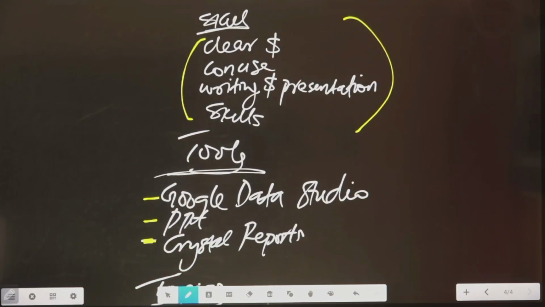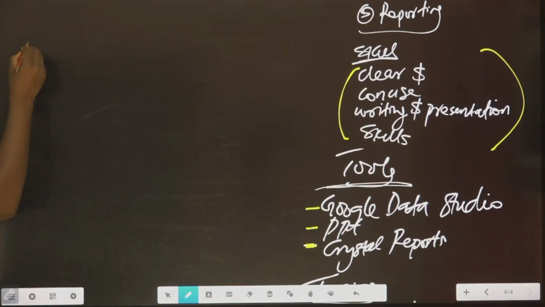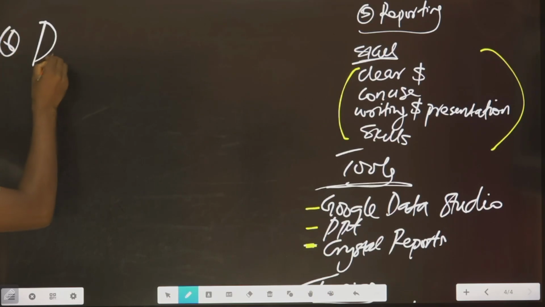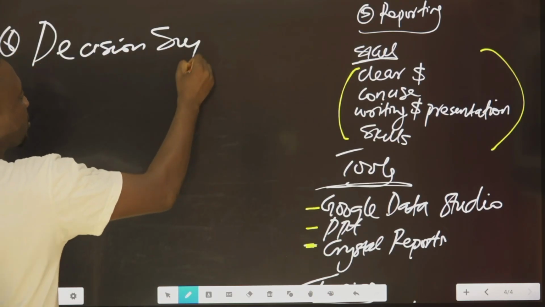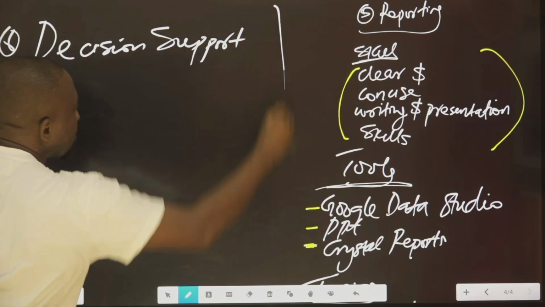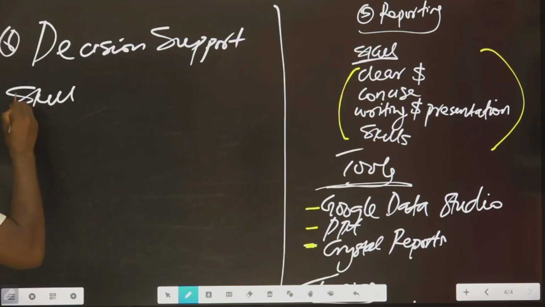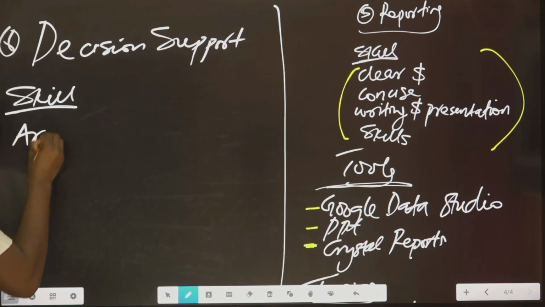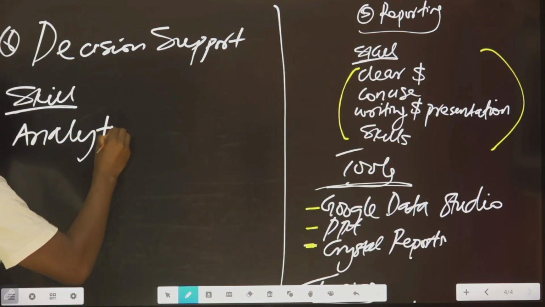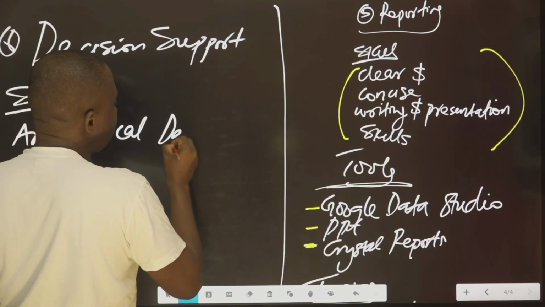Okay, let's go for the next one. That is decision support. Number 6, decision support. What skills do you need here? The skill you need here is analytical decision making.